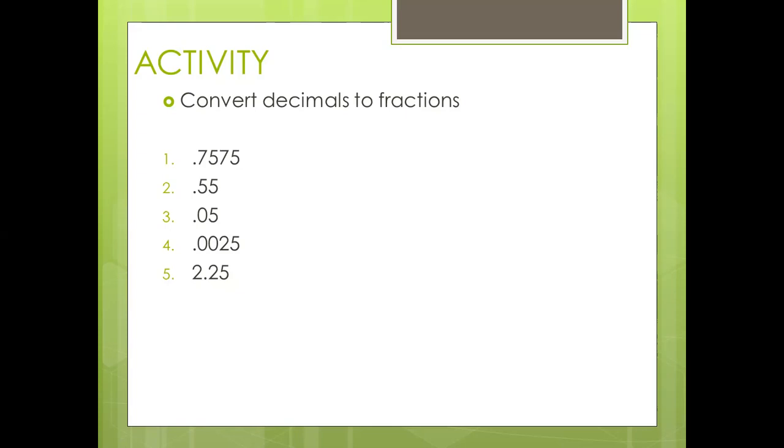There are 10 items each, but I will only require you to answer numbers 1 to 5 of each letter. So for letter A, numbers 1 to 5 only, and for letter B, numbers 1 to 5 only also. This would be your requirement for the week's activity.